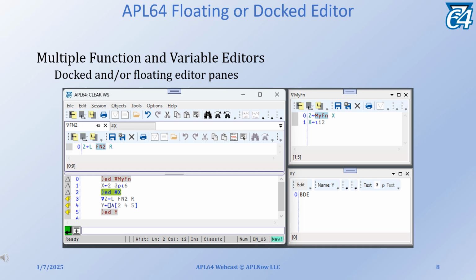The layout of multiple docked or floating editor panes is controlled by the user of the APL64 developer version instance. Some editor panes may be docked in the editors area of the main window of the APL64 developer version. Other editors may be floated independently of the main window.